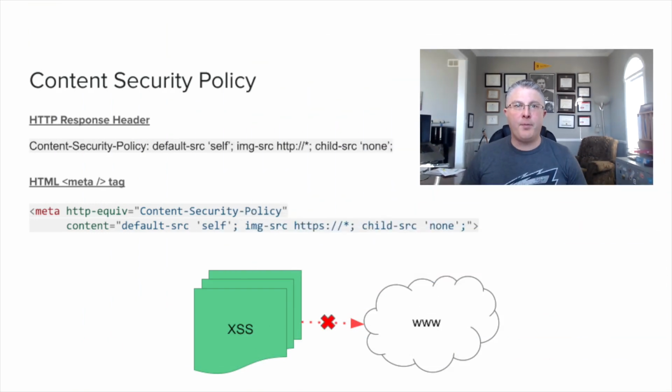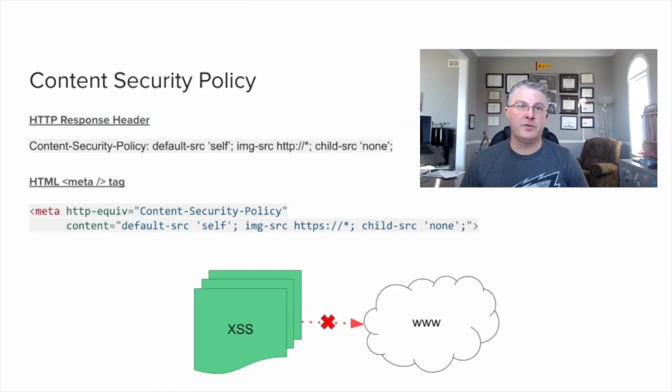To prevent that outbound communication, every web application should implement a content security policy. A content security policy is simple to implement. You can either add it to an HTTP response header or the HTML file hosting the application. In either case, you can explicitly whitelist certain domains and third parties that the application is allowed to communicate with.